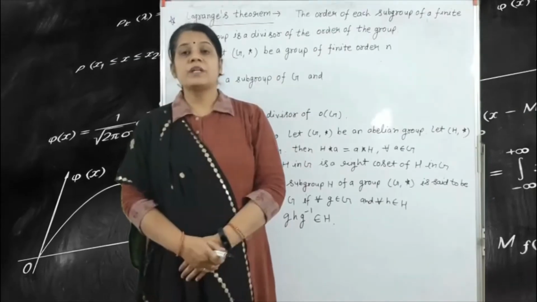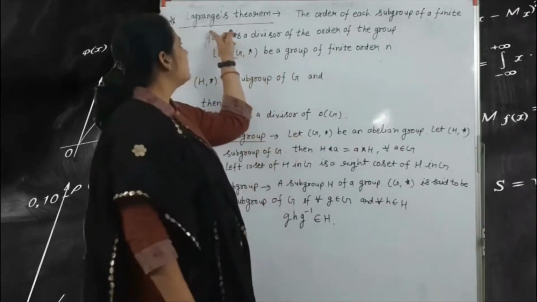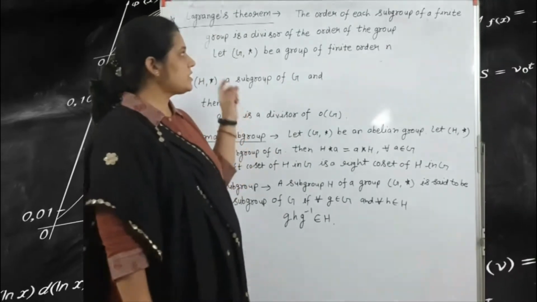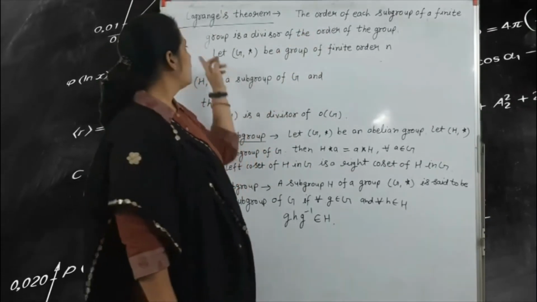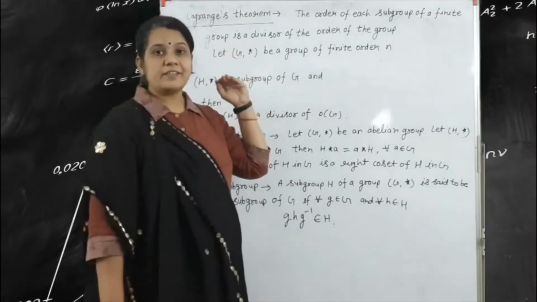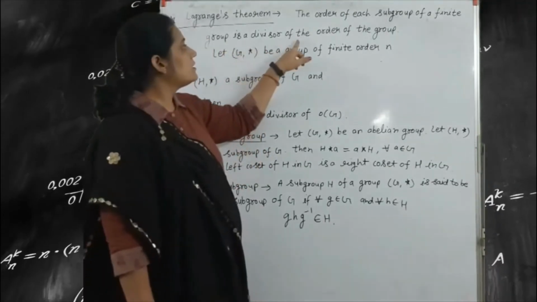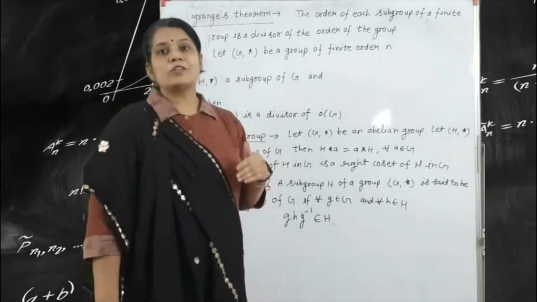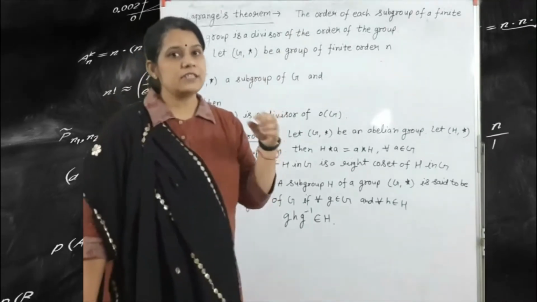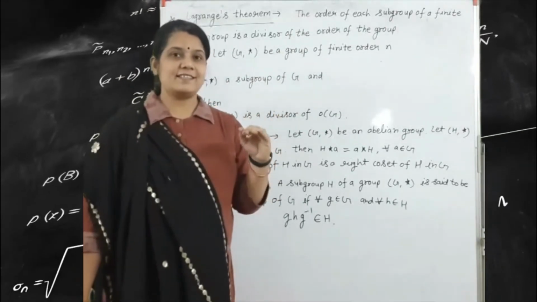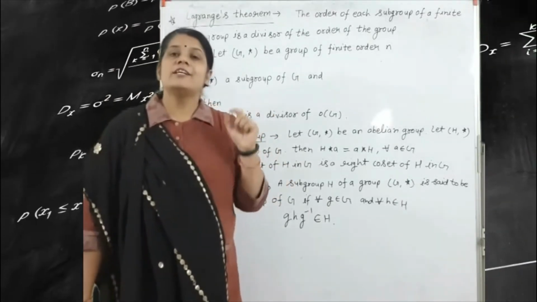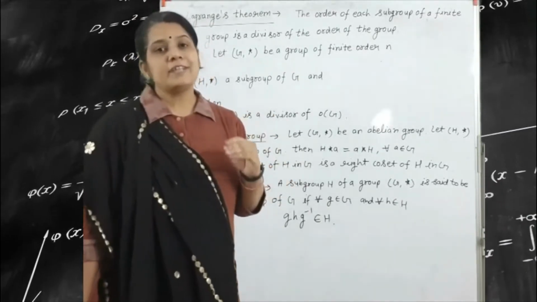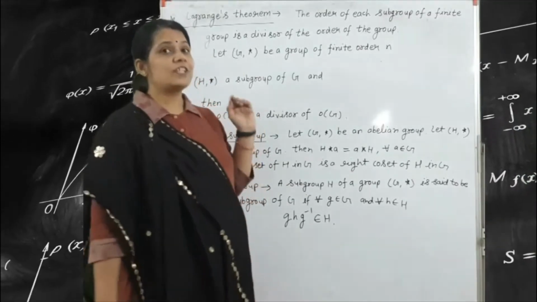Okay. Our next topic is Lagrange's theorem. So what is Lagrange's theorem? The order of each subgroup of a finite group is a divisor of the order of the group. That means G is a group and H is a subgroup of G, so order of G divided by the order of H. This is the definition of Lagrange's theorem.